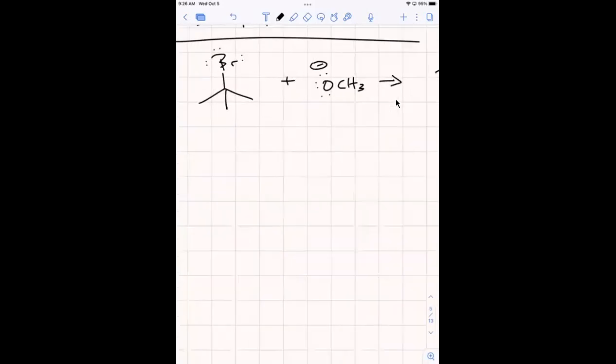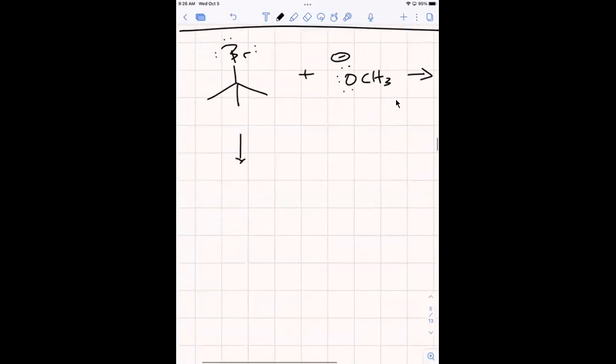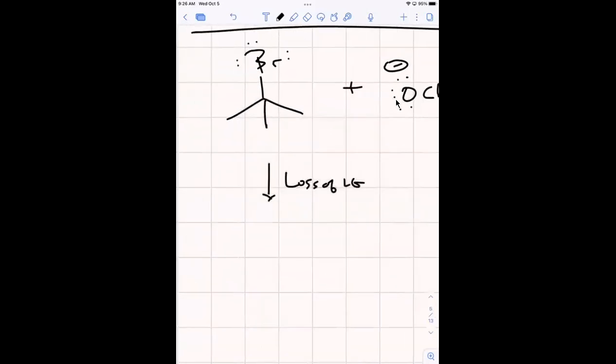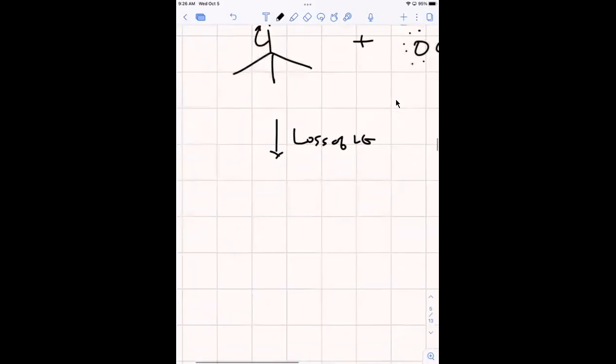And so the first step is loss of leaving group. All right, spontaneous. So the bromine is going to leave. So you can imagine the better the leaving group, the faster the reaction is going to be. So that loss of leaving group will leave me with a carbocation intermediate. Can somebody tell me why tertiary substrates are favored with this mechanism based on what we just saw?